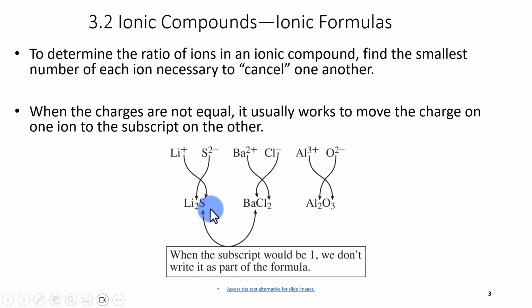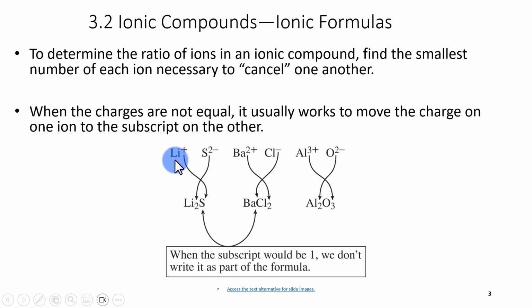Mg2S2. However, remember that when we talked about compound formulas, we have to use the simplest ratio, and 2 to 2 is not the simplest ratio. It's 1 to 1, so I would simplify that to 1 to 1.